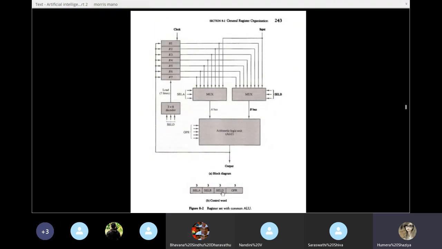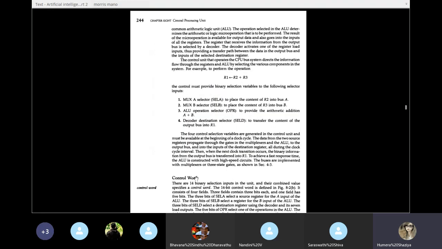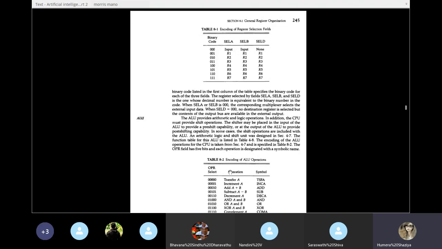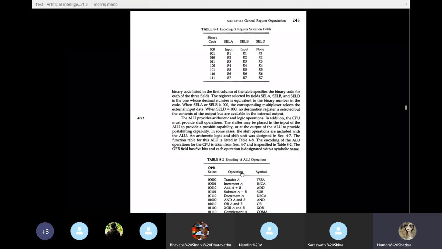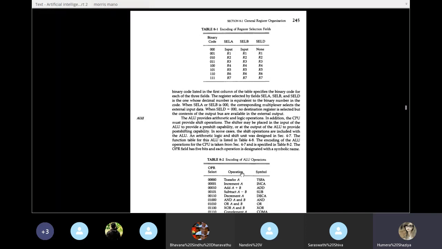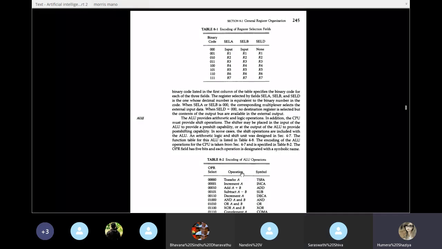What will be the value of cell D and OPR? For this particular operation using these particular codes. Saraswati, can you tell me now? Please try. If you try, you will learn.